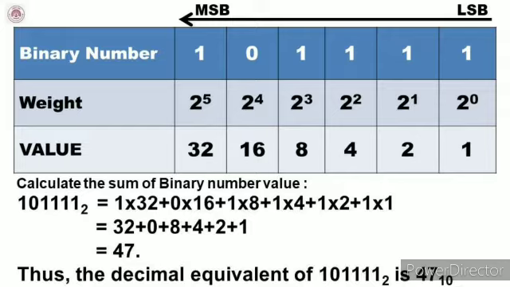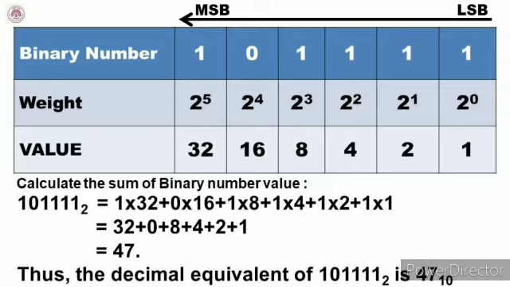Now we'll calculate the sum of these by adding them. Starting from the most significant bit, it will be 1 into 32 plus 0 into 16, then 1 into 8 plus 1 into 4 plus 1 into 2 plus 1 into 1.